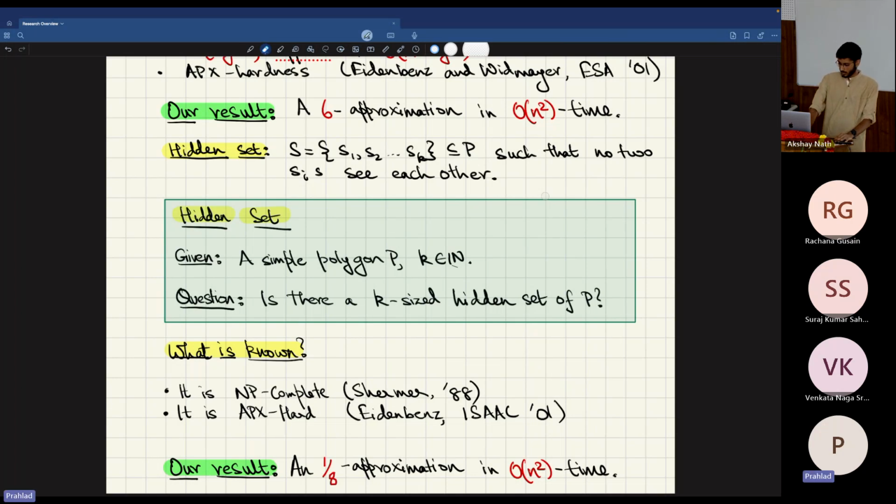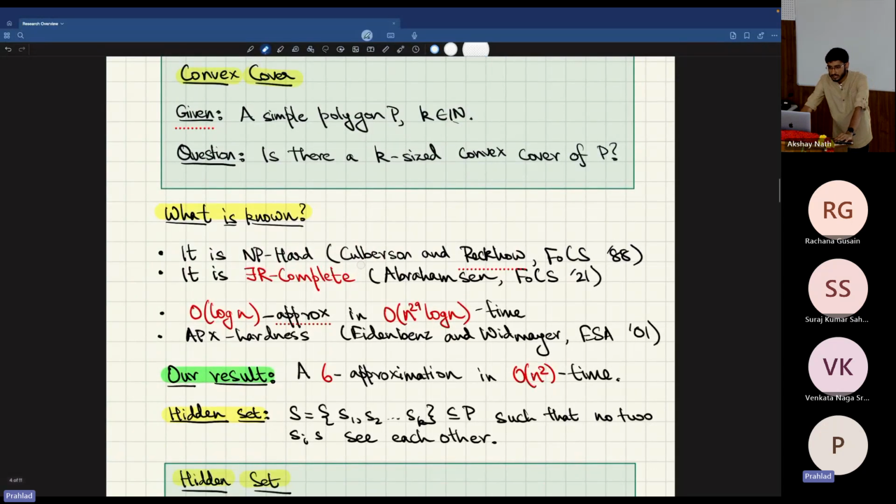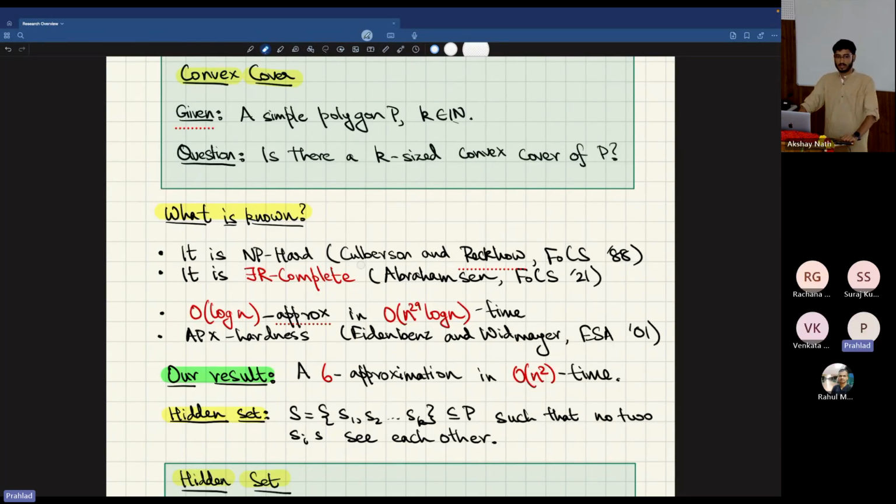A few more things are known, and I'll briefly talk about them here. Instead of convex cover, if you want a convex partition, the problem becomes easy. There's a polynomial time solution to it. Even if you have Steiner points, by which I mean you're not only using the vertices of the polygon for the elements of the cover, even then, it's polynomial time.